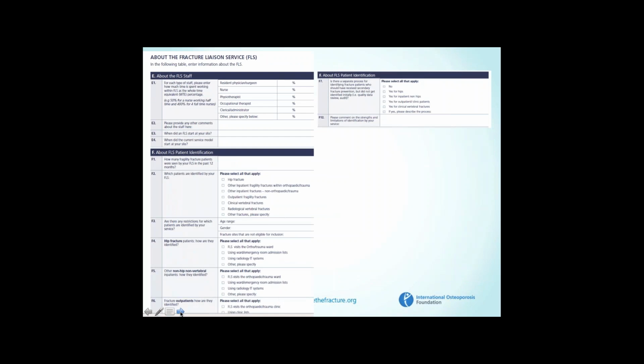E is about the resourcing of your service. How much clinician, nurse, and other healthcare professional time is included in your service. F is really devoted to the identification, how each type of patient is identified and using which methods.